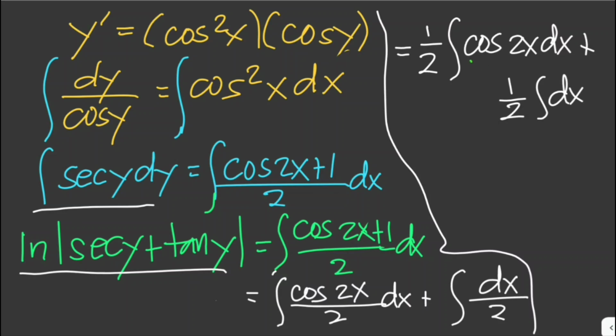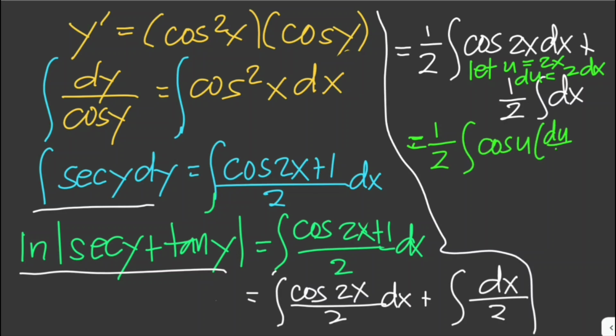Then we can let u here be equal to 2x, and then du is just equal to 2 dx. Therefore, dx is just equivalent to du over 2. So we plug that into the equation. This is equal to 1/2 the integral of cosine u du over 2 plus 1/2 the integral of dx, which is just equal to x. So this is just 1/2 x plus c.